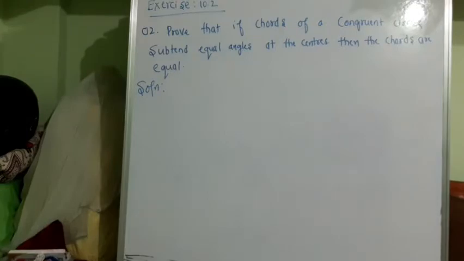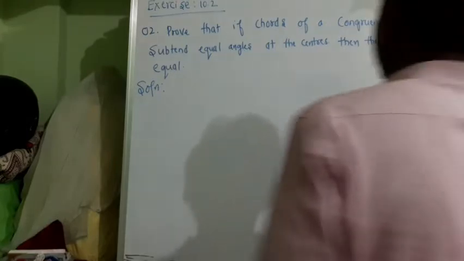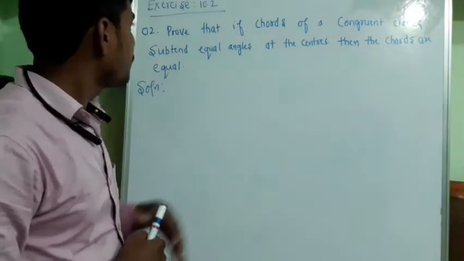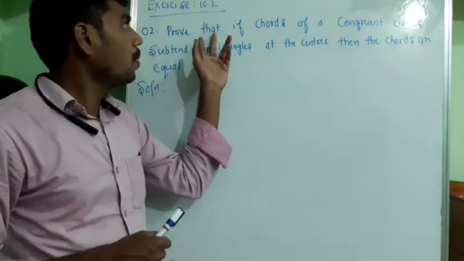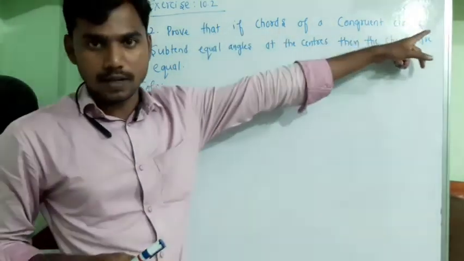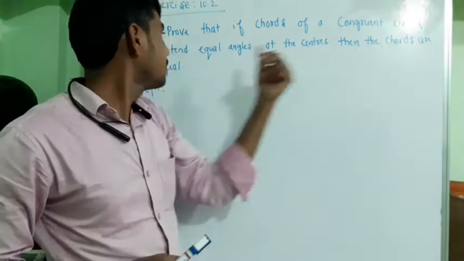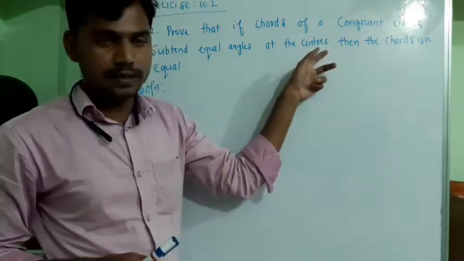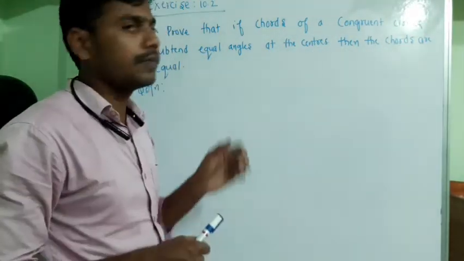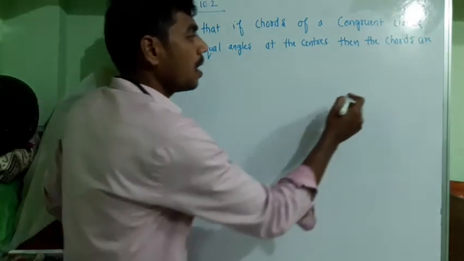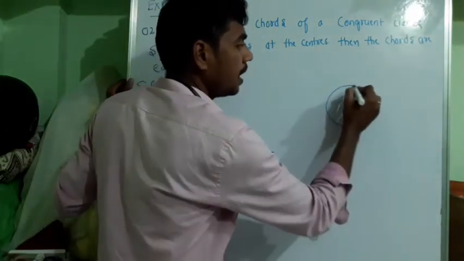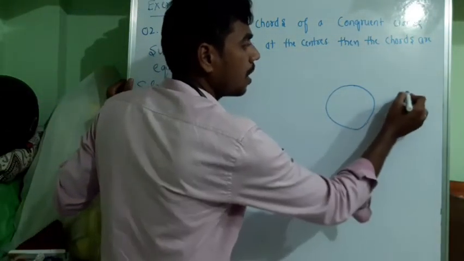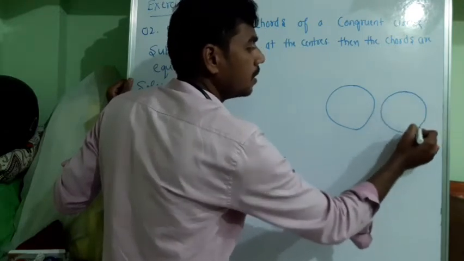Next, second question. It is exactly the converse of question number 1. So what does it state? Prove that if chords of congruent circles subtend equal angles at the center, then the chords are equal. See, what do you mean by congruent circles? If their radii are equal, then those two are called congruent circles.